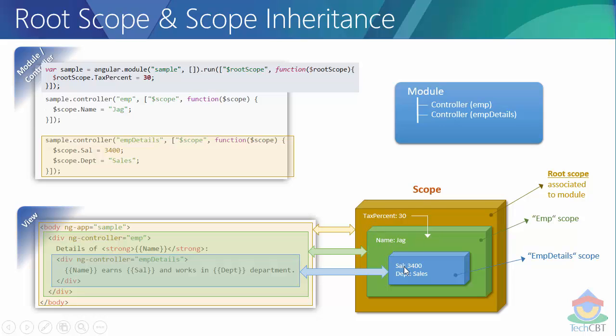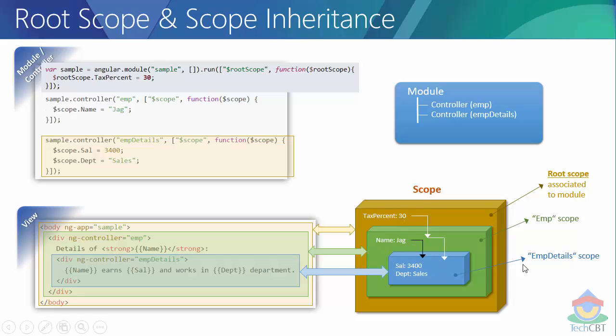So the first thing is that name will be made available to this one, which means the EMP details scope will have name, salary and department number. And that's not the end of the story. We are going to have tax% also made available. As long as your scope is inheriting from its parent, all the members of the parent will always be made available to any of its children, regardless of nesting level.